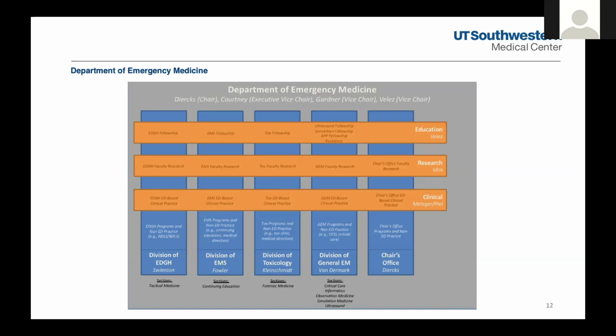Likewise, those division chiefs for disaster and global health, EMS, toxicology, whatever else, their faculty are engaged in clinical activities, research activities, and educational activities. We wanted to set this up in a way that was more in line with what we actually experience, as opposed to the traditional org chart that you may see out there that exists for UT Southwestern as a whole.